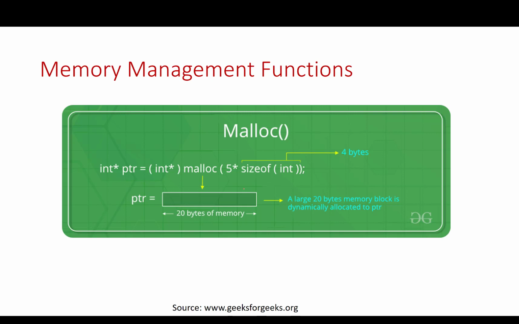Okay? Again, this is 4, sizeof(int), and then multiplied by 5, and finally, I will have the pointer reserving 20 bytes in the memory. And again, I'm only reserving here. I didn't put any element. Okay? Is it clear? Okay, so this is for malloc.